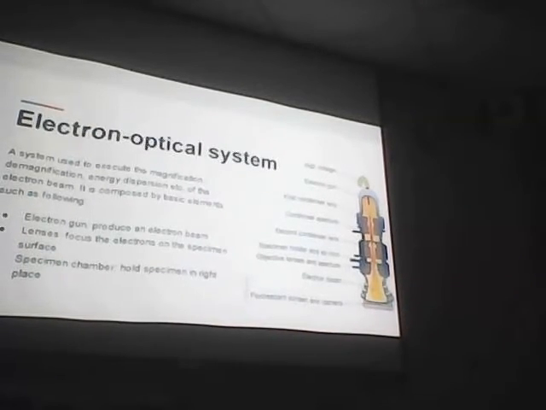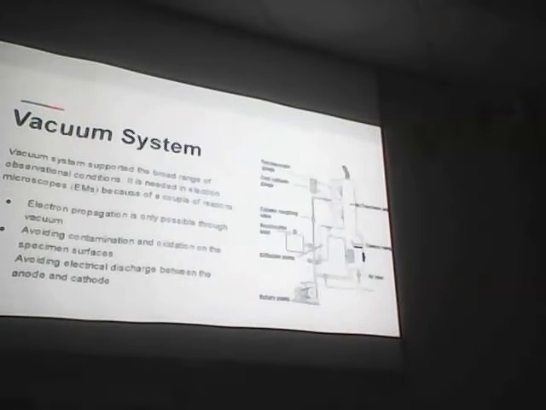It's super complex for the lens and how to constitute the inside part. So we have to know it has an electron source and the lens, and then is the place for your sample. That's right.